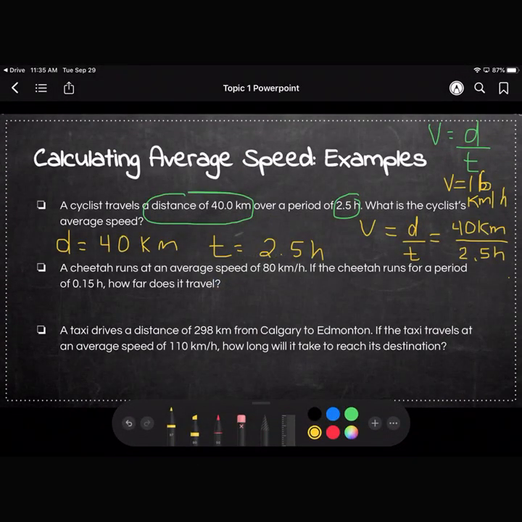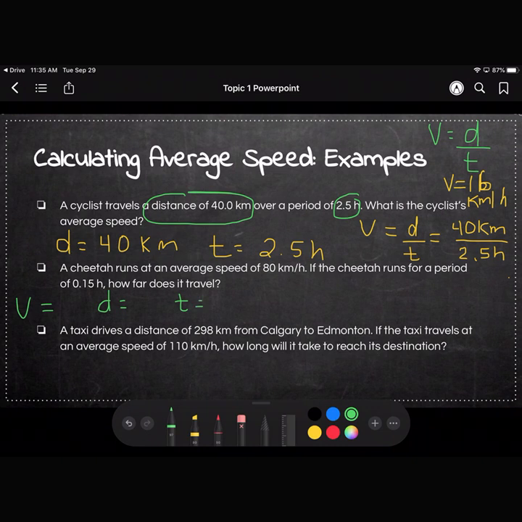But that's 16. Let's do the next one. A cheetah runs at an average speed of 80 kilometers an hour. Is that a v, a d, or a t? T would be a time.